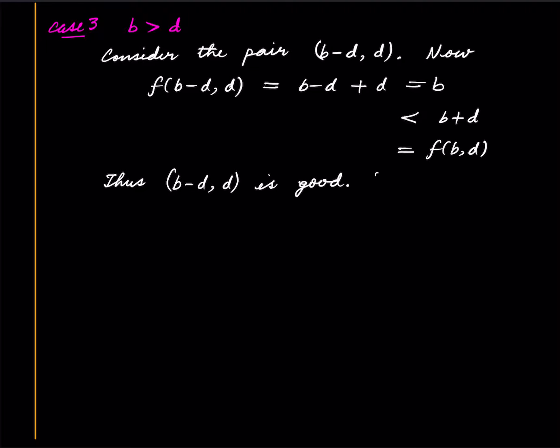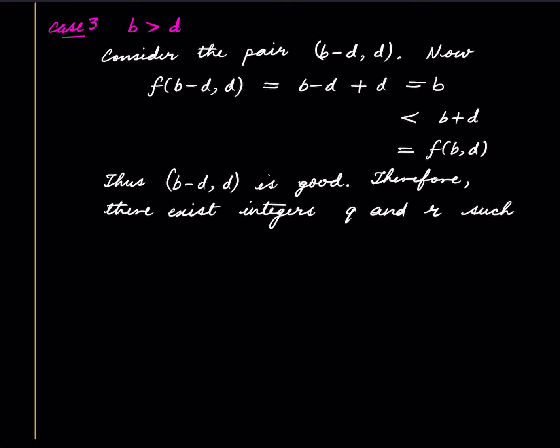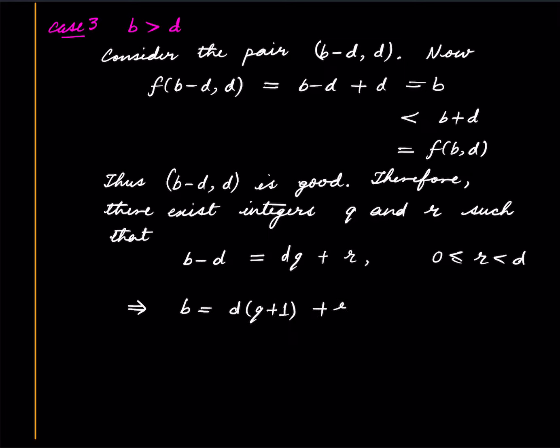And therefore, by definition of good, there are integers q and r such that b minus d is dq plus r and r is in this range. But this implies that b equals d into q plus 1 plus r and r is in this range.